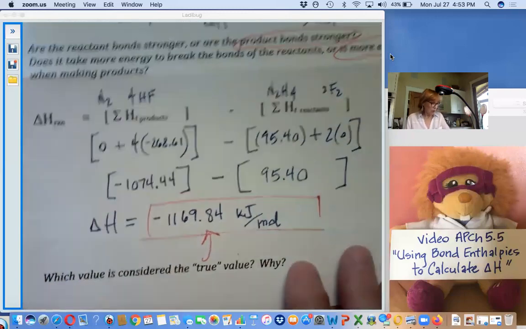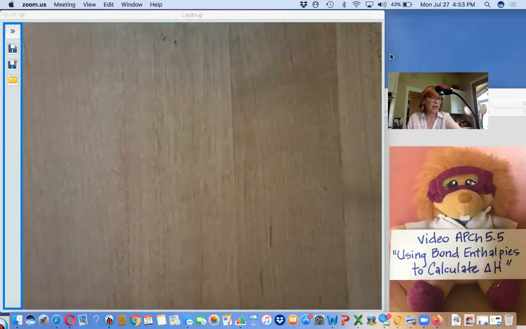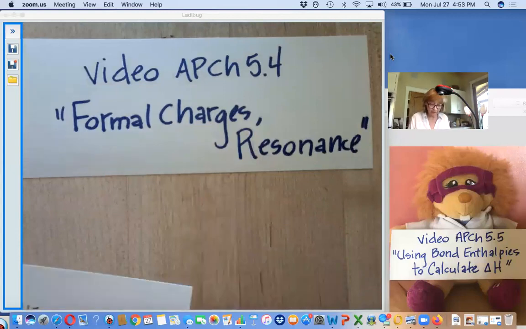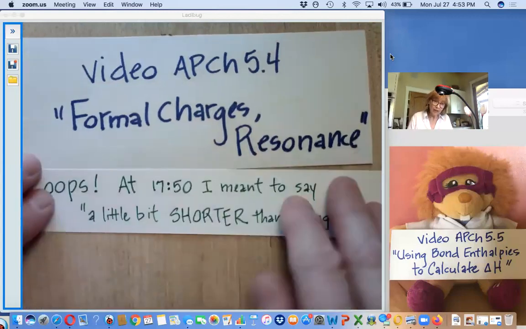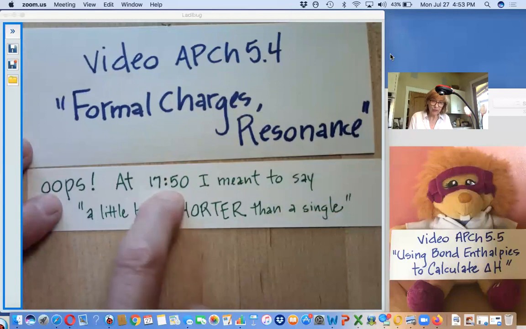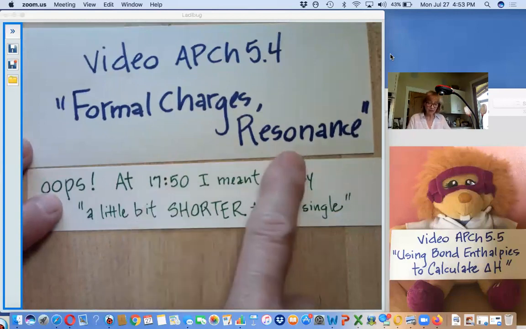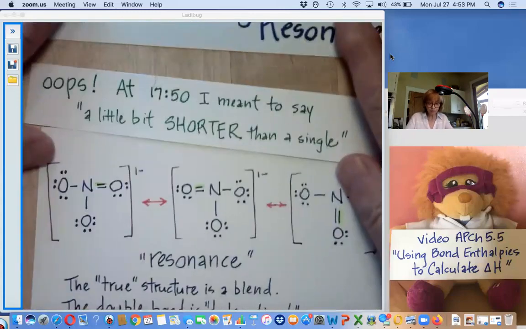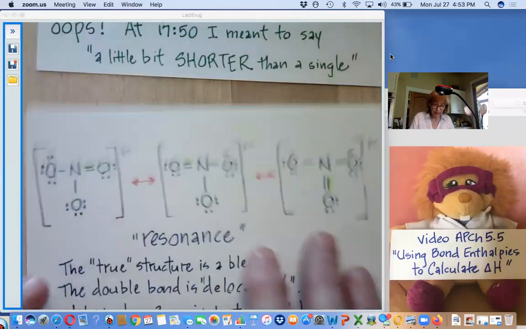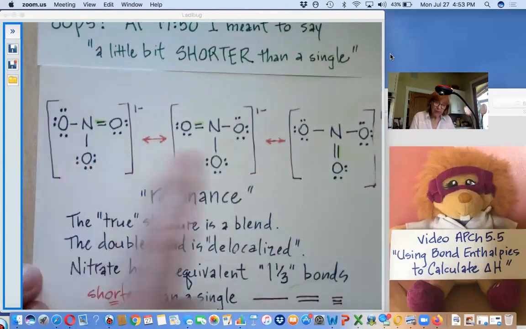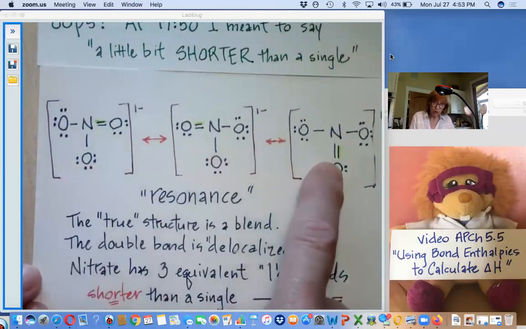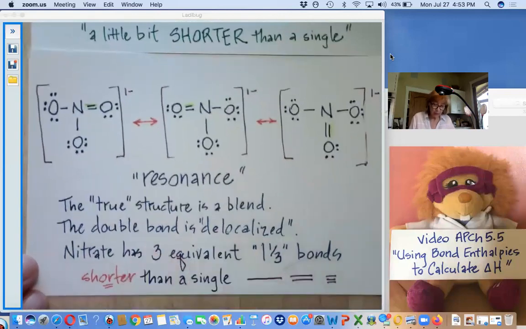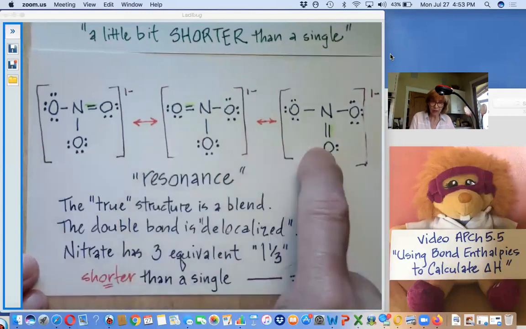Okay, I need to talk about one more thing. This is a goof that I made in the earlier video called Formal Charges and Resonance. At the end of the video, at 17 minutes 50 seconds, I was looking at resonance for nitrate molecules. Do you remember this? We drew 3 different possible Lewis structures for the nitrate polyatomic ion, and we ended up realizing that formal charges didn't give us a right answer.